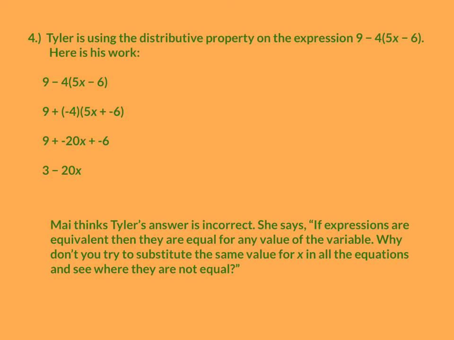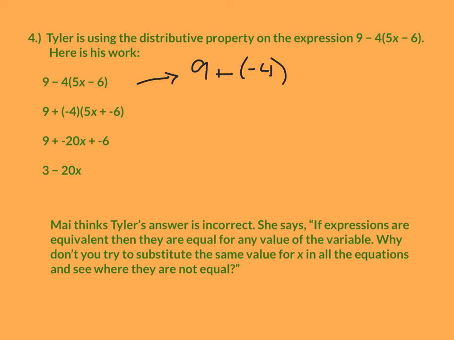So why don't we just first, before we do what they suggested here, check Tyler's work. So if I start out with 9 minus 4 times the quantity of 5x minus 6, I would agree that the first thing that we can do, and we all know that it isn't necessary to always do it this way, but certainly it doesn't hurt to start it this way.